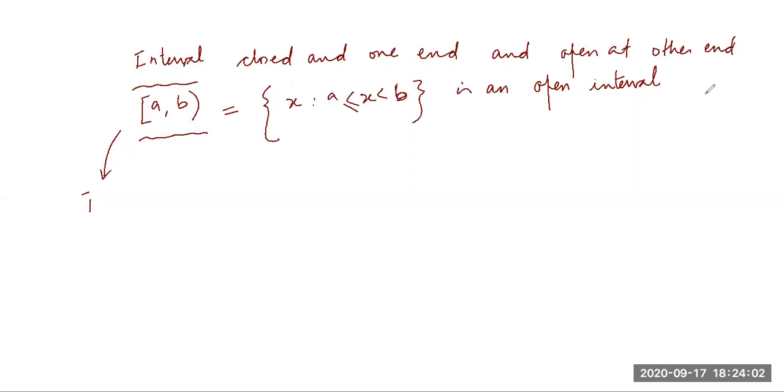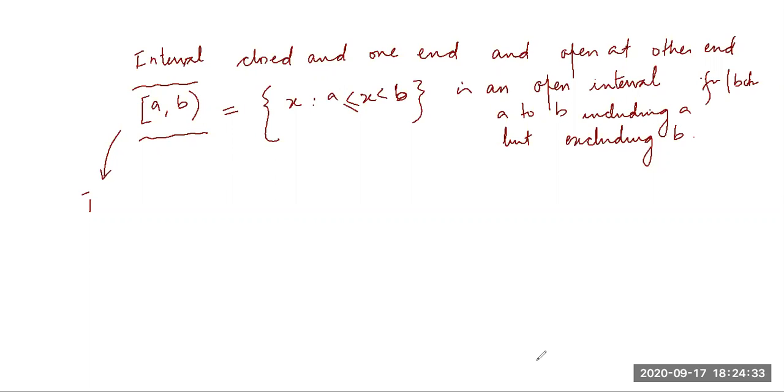For A to B, or between A to B, including A but excluding B. All right, that makes sense.